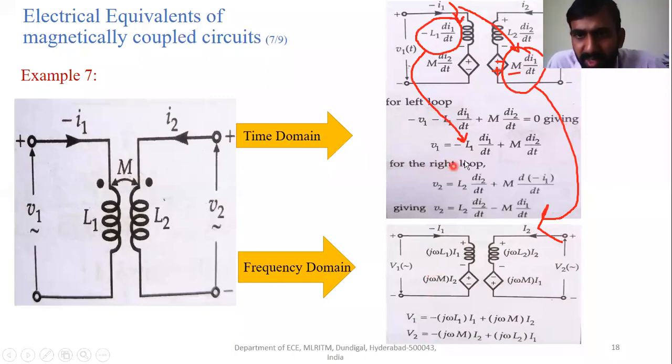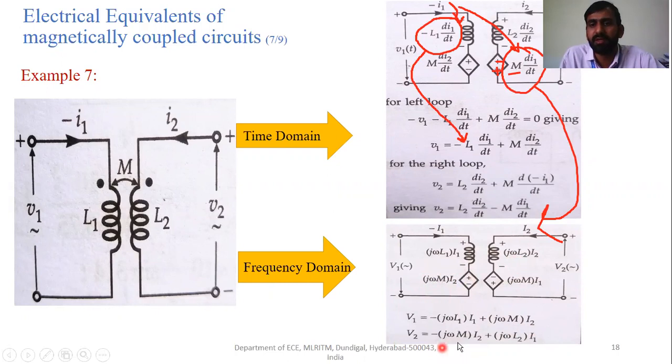Here just multiply the time domain signal's derivative with j2 pi f, that is j omega. So V1 is equal to minus j omega L1 into I1 plus j omega m I2. So this is the equation.